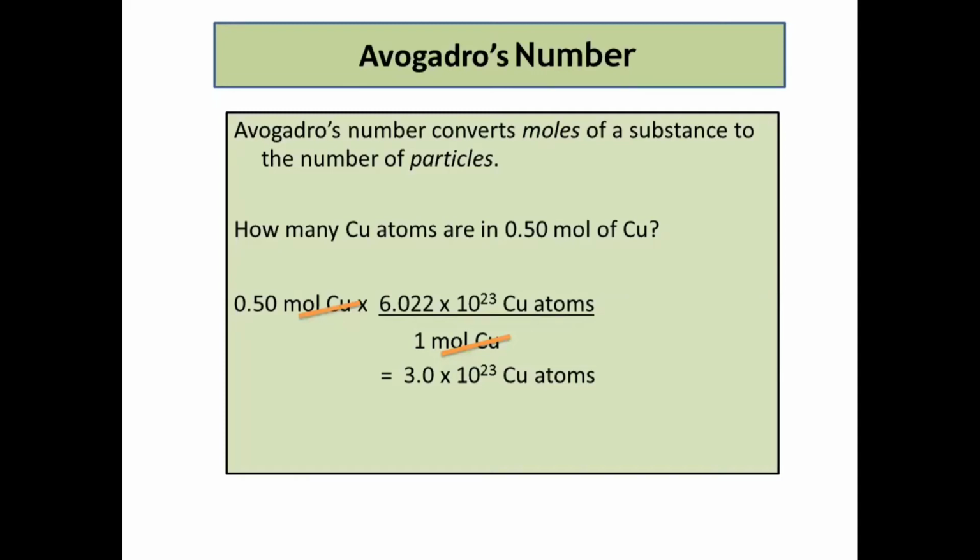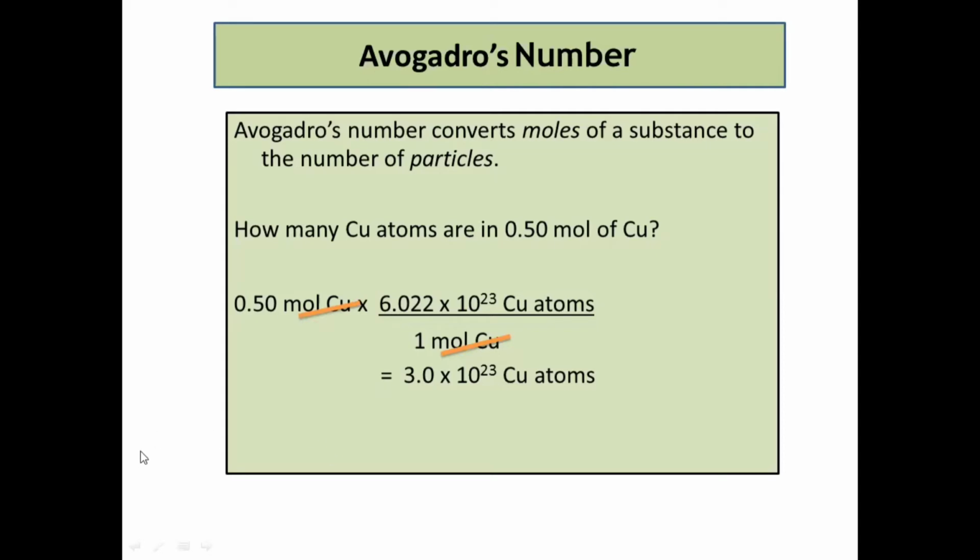For example, a basic example: how many copper atoms are there in 0.50 mole of copper? We can calculate this by multiplying 0.50 mole of copper by the Avogadro's number divided by 1 mole of copper.